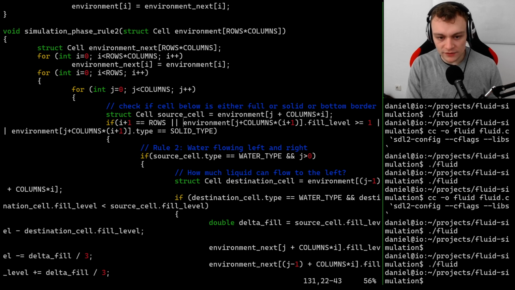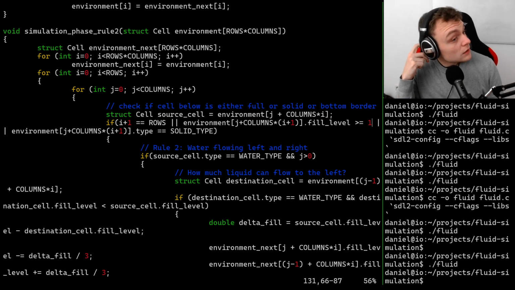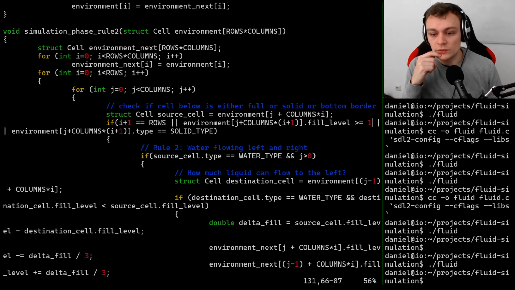Then if the cell below, if the fill level of the cell below is bigger than or equal to 1, then we flow to the sides. Bigger than or equal to 1.